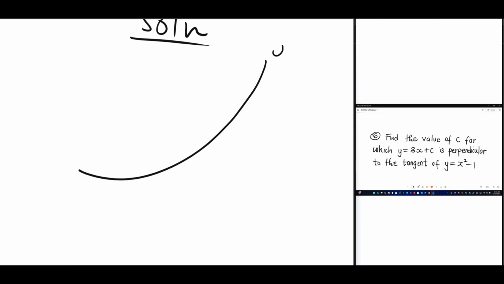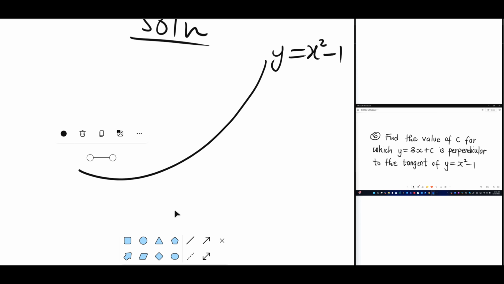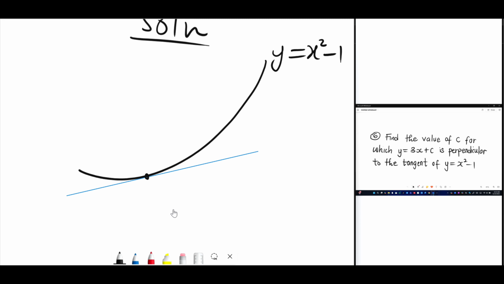So if this is my curve y is equal to x squared minus 1, and I have a tangent to the curve at, let me use a different color, this particular point. If the tangent to the curve is at point A, I put A over here.